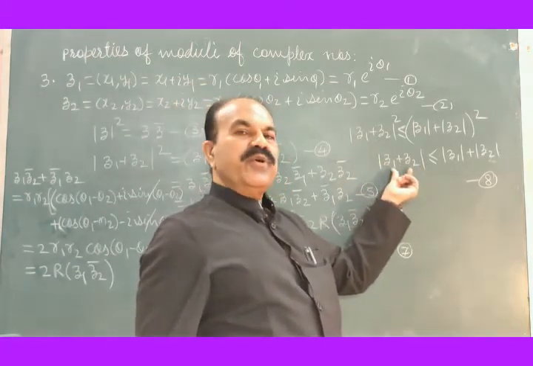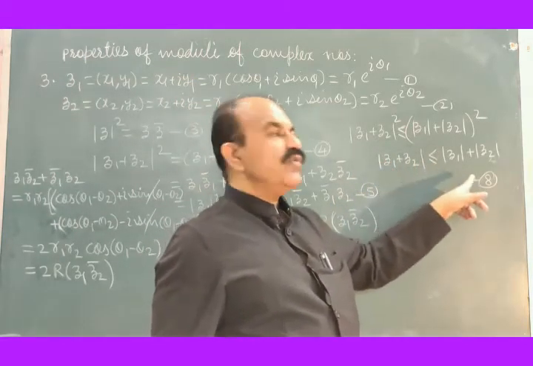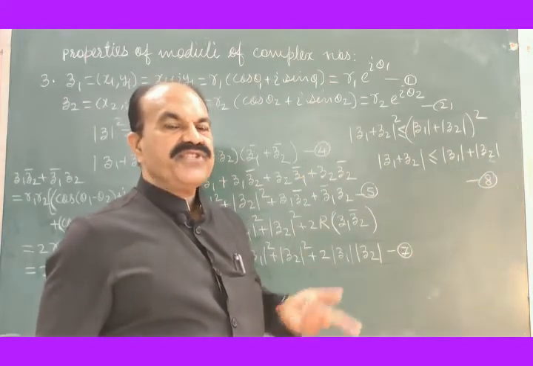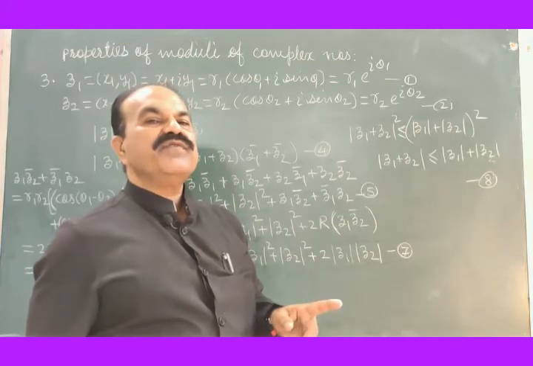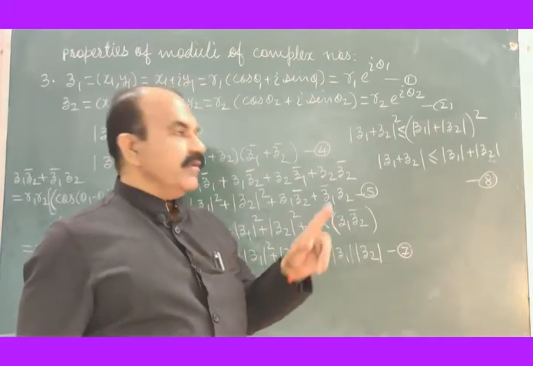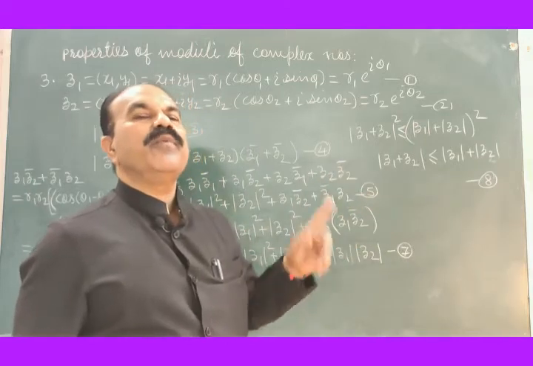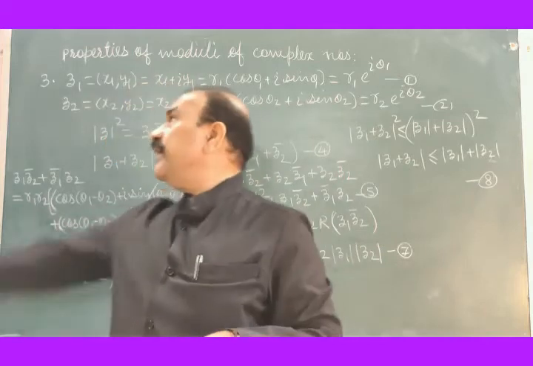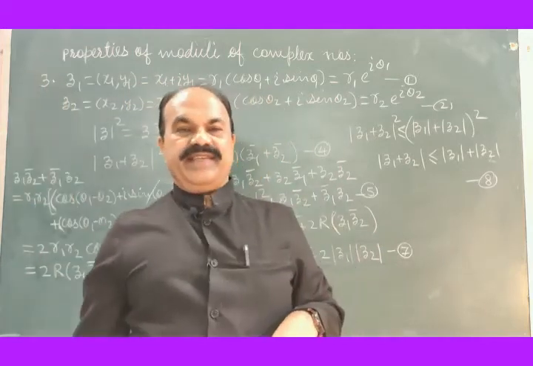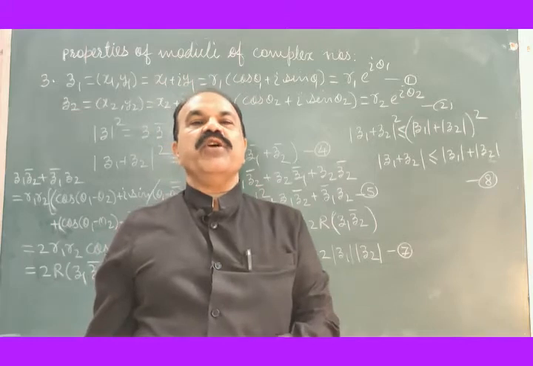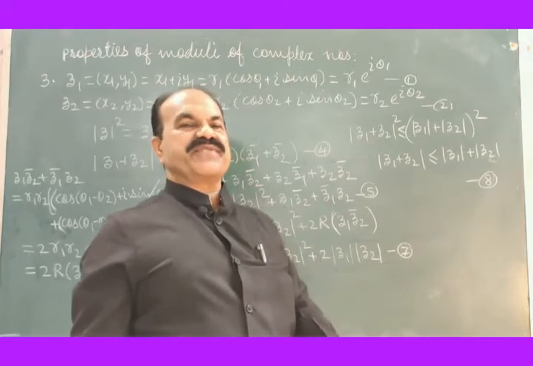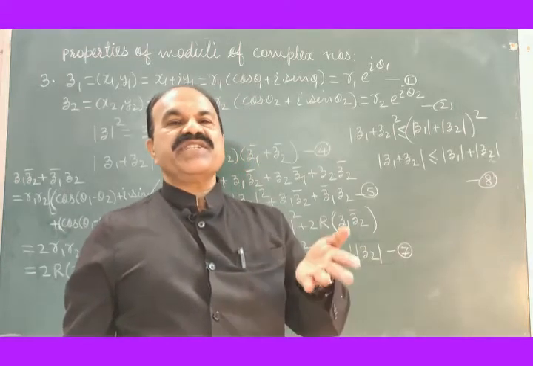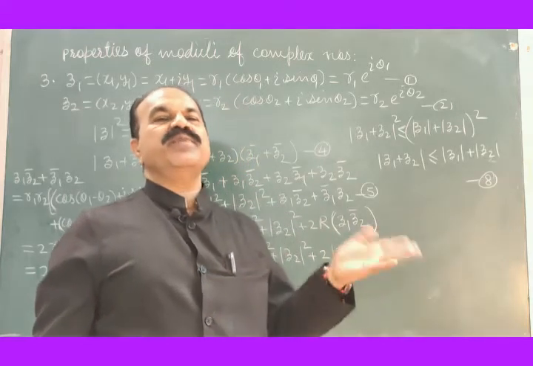Modulus of sum of two complex numbers is less than or equal to sum of their moduli. The meaning of this is that the modulus of sum of two complex numbers never exceeds the sum of their moduli. Property number 3 of moduli of complex numbers.